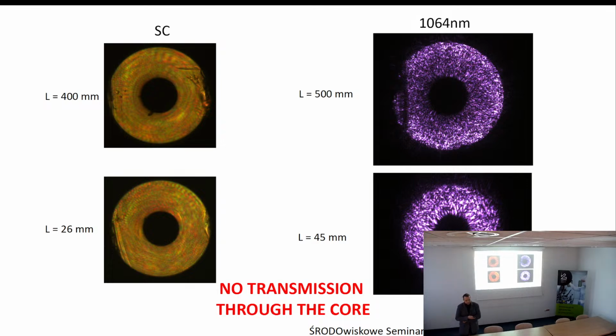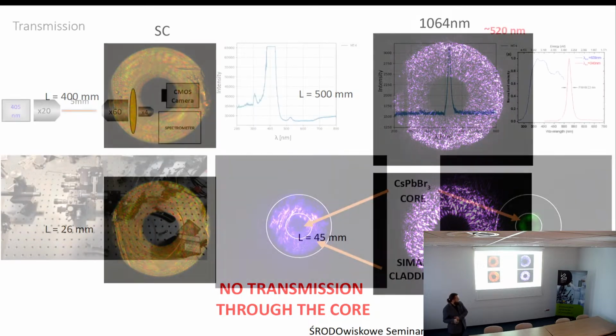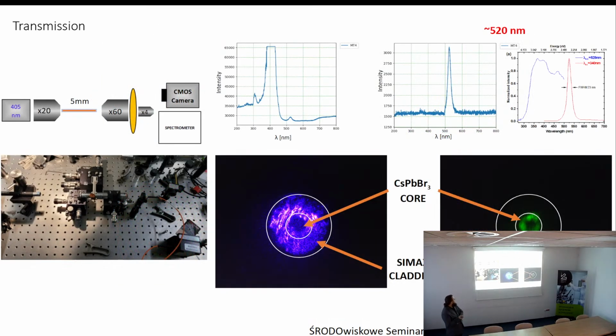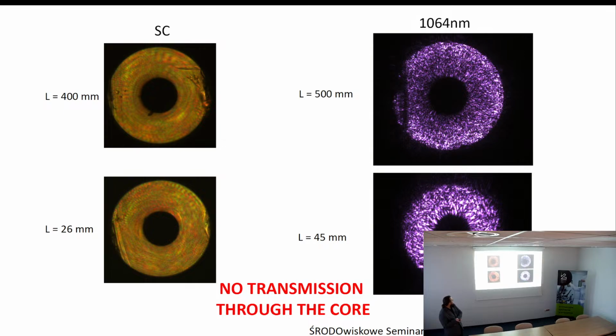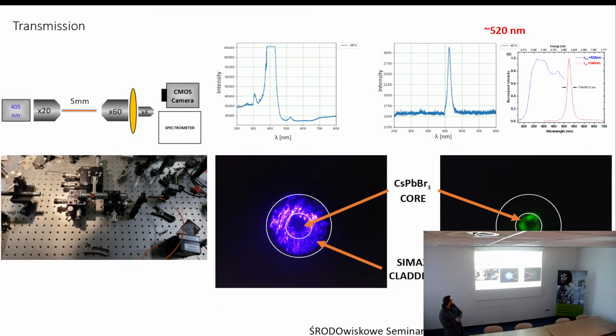Of course, we also checked UV light. We started with this setup without the filter, and again we have transmission only with UV light going through the cladding.